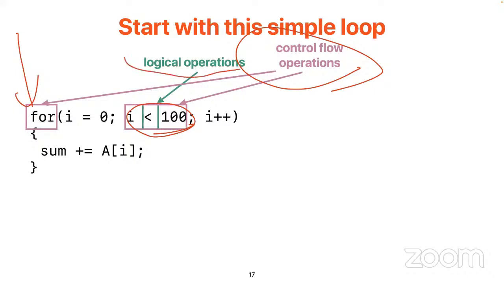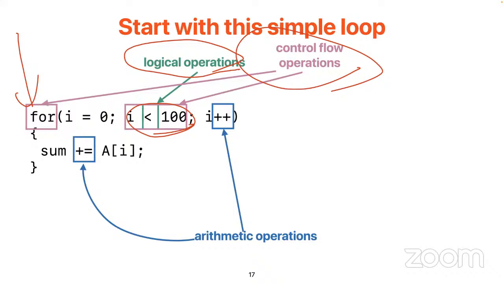And to judge if I want to stay in a loop or go out, we need logic operations to do things like comparison, right? And if you want to calculate some mathematical result, or you just want to control the loop iteration, you need arithmetic operations to control the loop index, right?